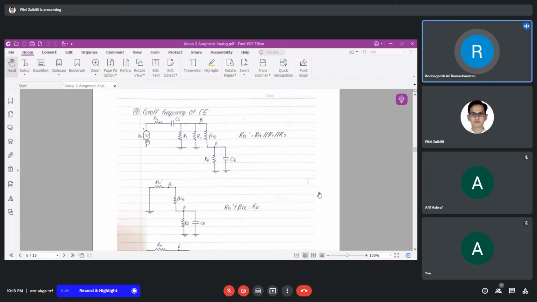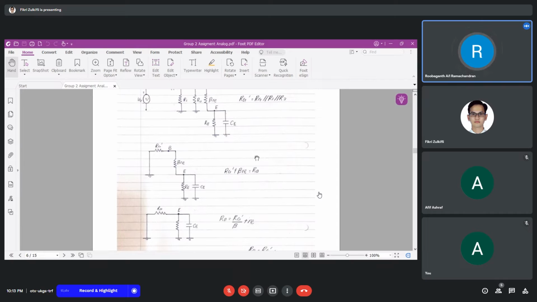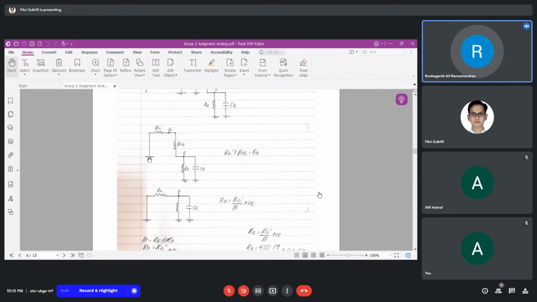The third cutoff frequency is the cutoff frequency of CE. This is the diagram. The first drawing for the cutoff frequency of CE, where Rg prime equals Rg parallel to R1 and R2. The second drawing is simplified, where Rg prime plus beta re equals Ra.